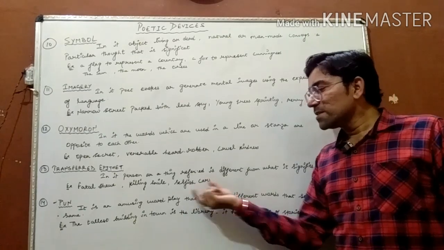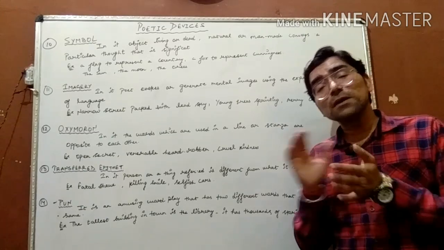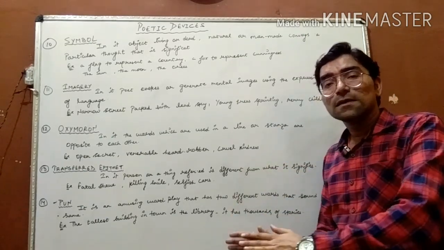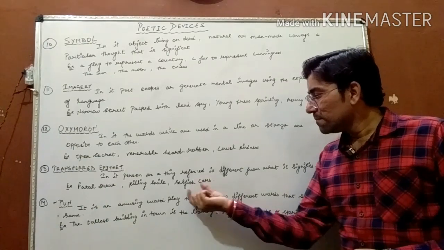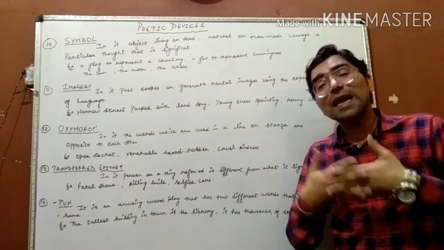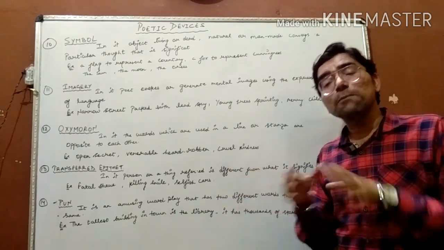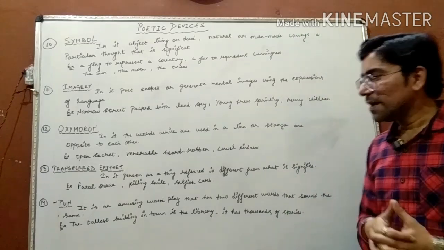In this statement, selfish cars means the person who is driving the car. The poet is mentioning selfish cars, but actually pointing out the person who is in the car. So these are called transferred epithets.